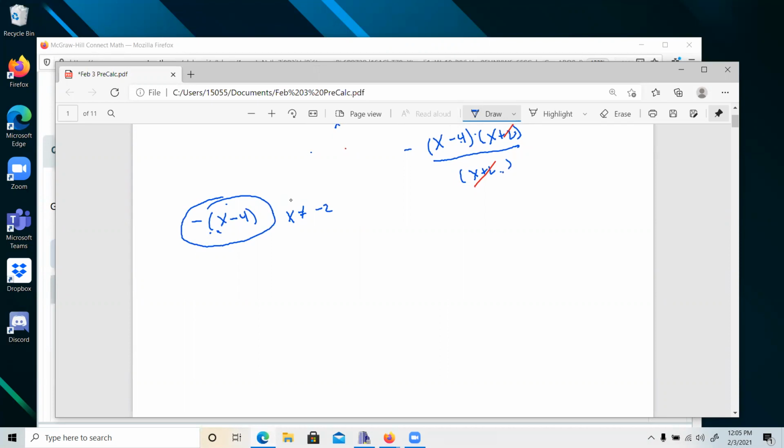Negative x plus 4, so that's a y-intercept of 4. And when x equals 4, we've got a point down here. Or you could go ahead and do it this way with the little staircase.